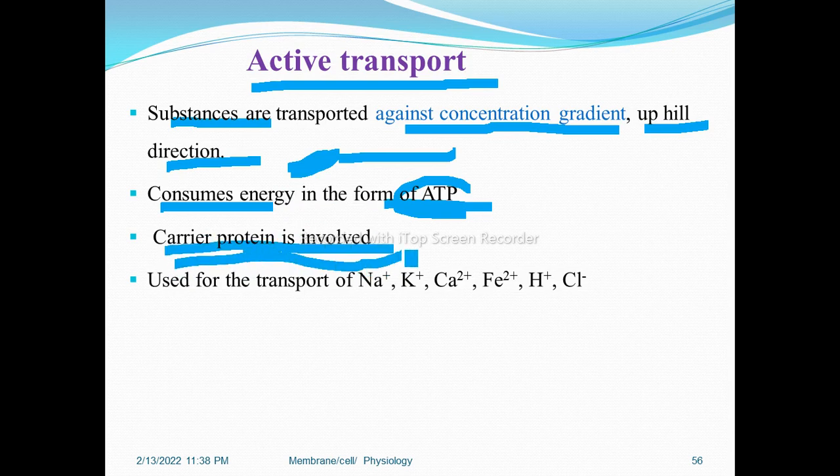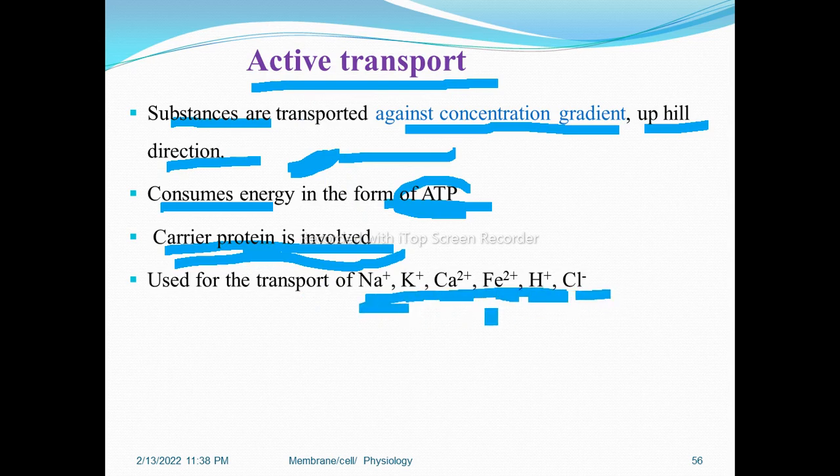Like active transport, facilitated diffusion also uses a carrier protein, but simple diffusion does not use a carrier protein. The ions or elements transported by active transport are sodium, potassium, calcium, iron, hydrogen, and chlorine.